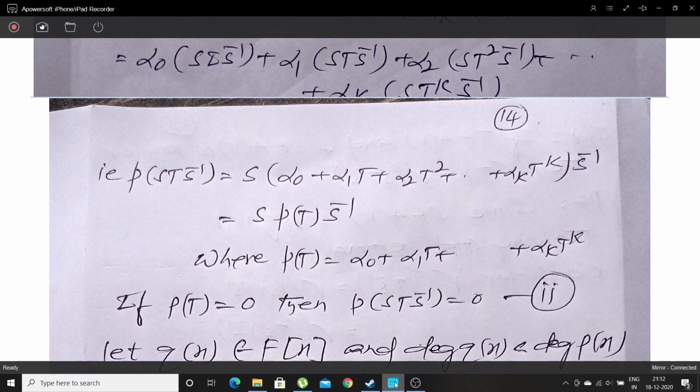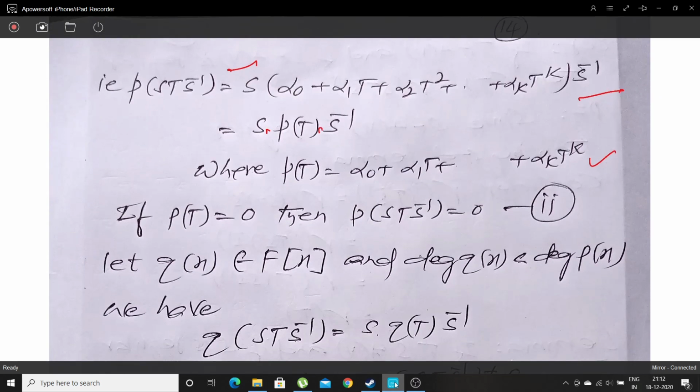Taking S common from the left-hand side and S inverse common from the right-hand side, this can be rewritten as S dot P of T S inverse. And what does P of T stand for? P of T stands for alpha naught plus alpha 1 T plus up to alpha k T to the power K. If P of T equals 0, then P of STS inverse equals 0.